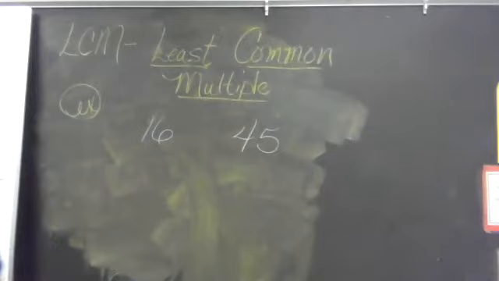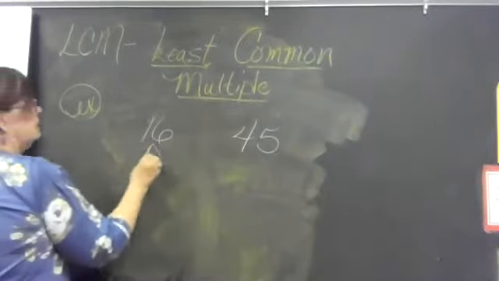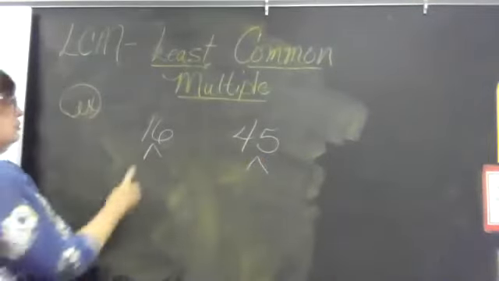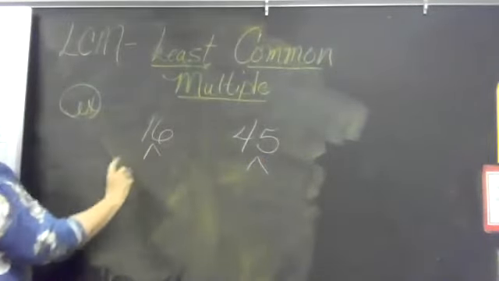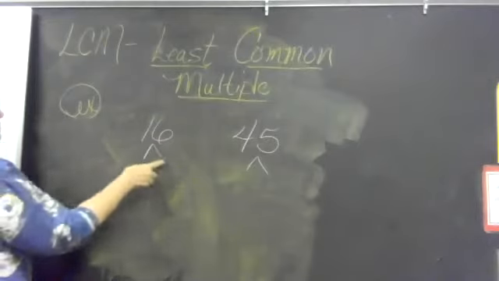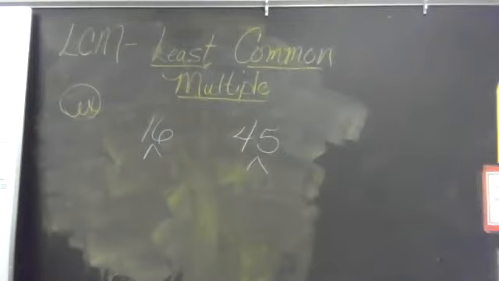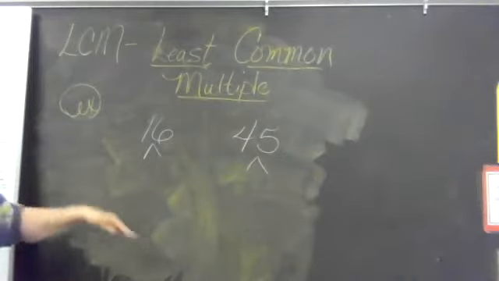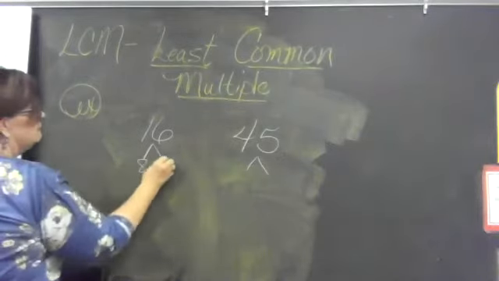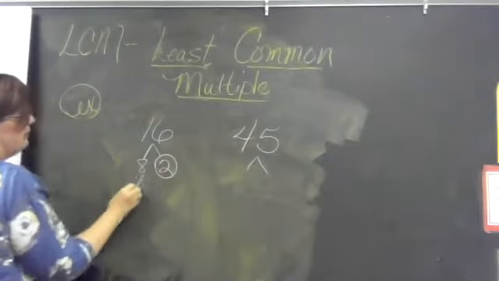So the very first thing you do is make your little t-chart, or prime factorization factor tree. You can start anywhere you want. You can say 4 times 4, or you can say 8 times 2. It doesn't matter if Simon starts at one place and Rachel starts at another. The primes will be the same. Remember to circle your primes as you go.